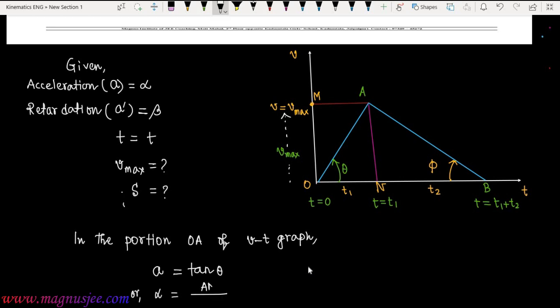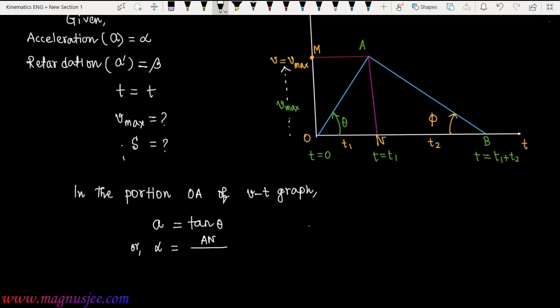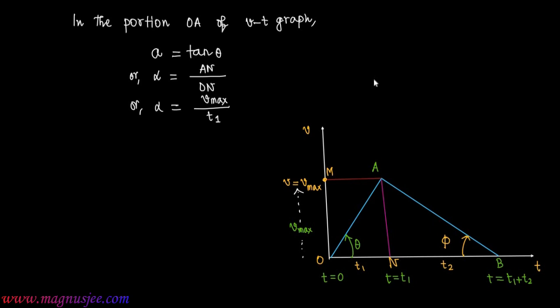Or alpha is equal to AN divided by ON. From the right angle triangle ANO, AN is the perpendicular and ON is the base. Or alpha is equal to Vmax divided by t1, because AN is equal to Vmax. Therefore t1 is equal to Vmax divided by alpha.